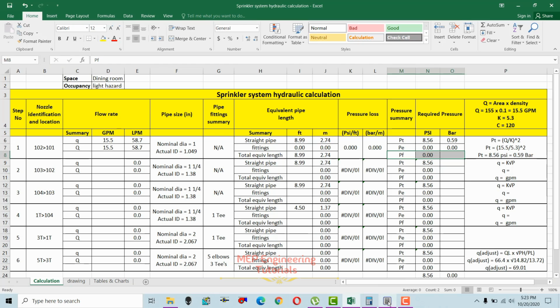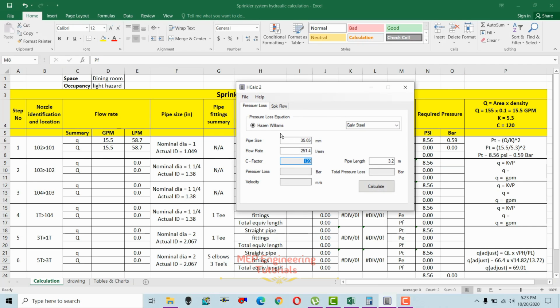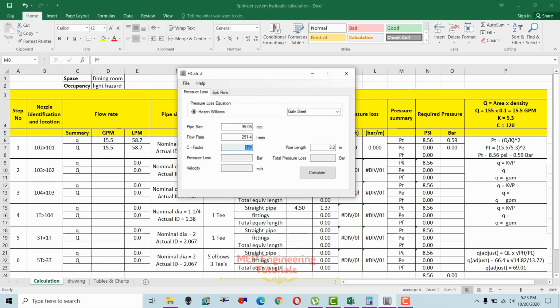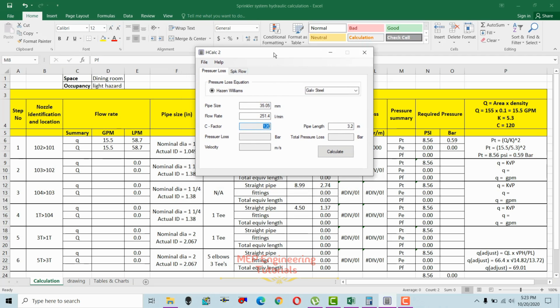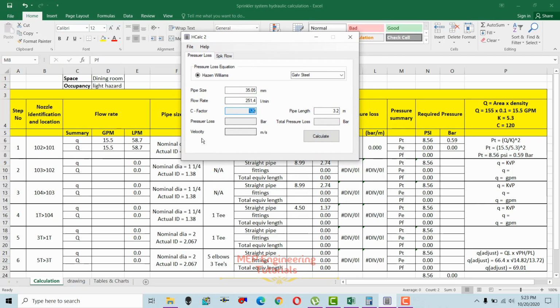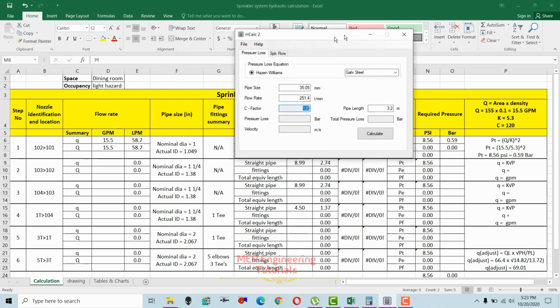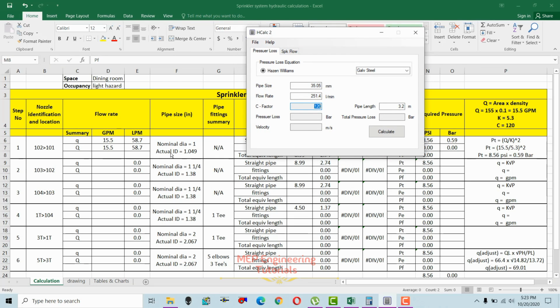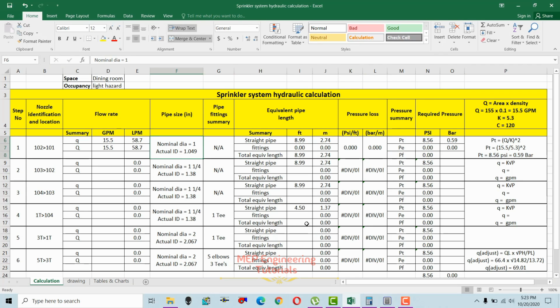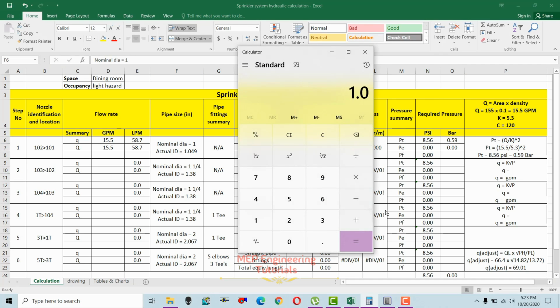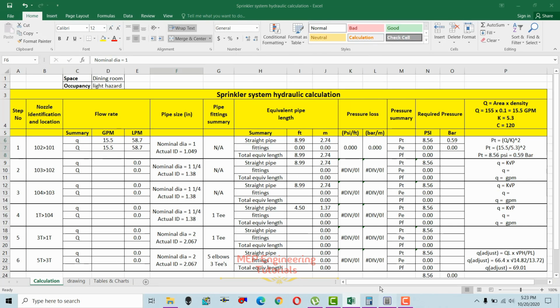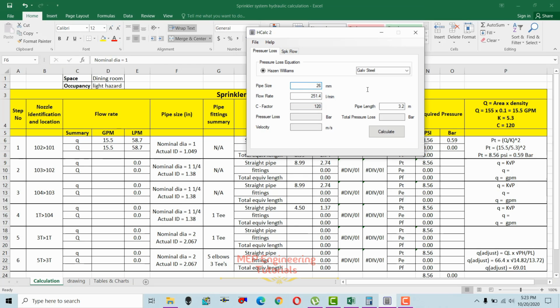So this is the hydraulic calculator which I'm going to use. As you can see, this is the Hazen-Williams equation which I'm going to use in here to calculate this PF, friction loss or pressure loss. So what is the size in here? Pipe size is 1.049. We have to use the actual internal diameter, so 1.049 inches in mm will be 26.64 mm.